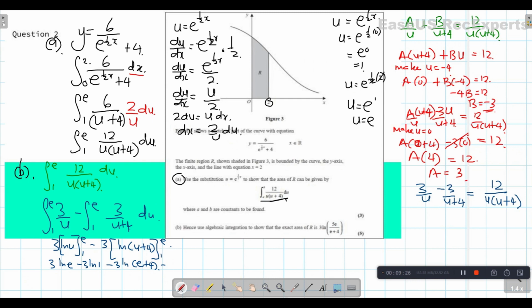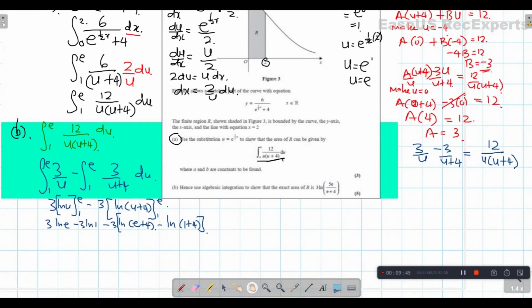It should be minus. I'll put a bracket first, later we can multiply this. Minus ln of 1 plus 4, and then close bracket. So this one, I have to push it up a little bit.